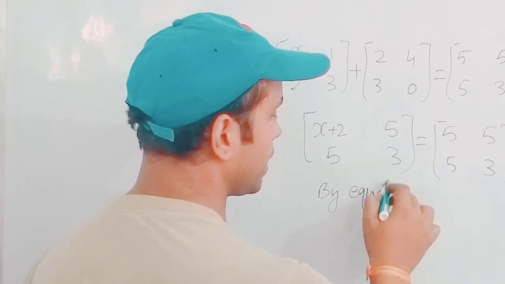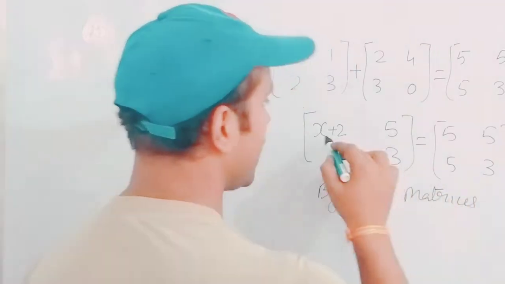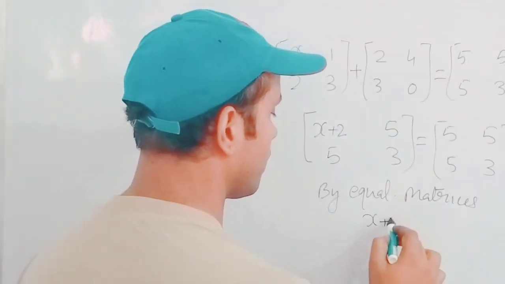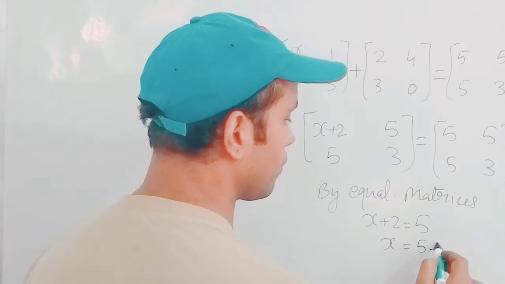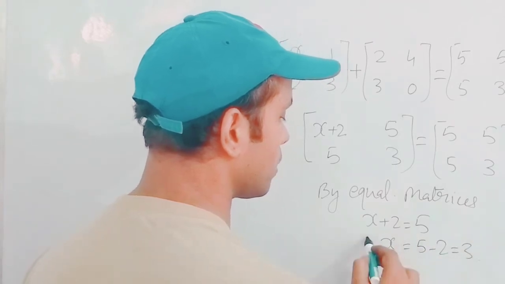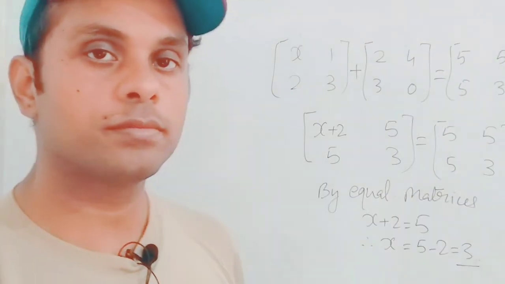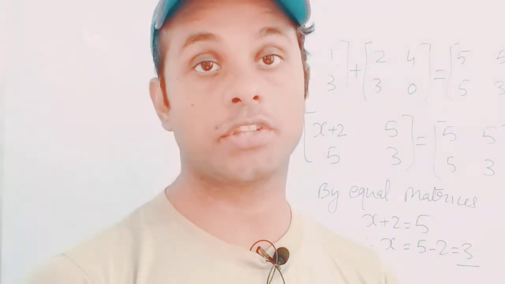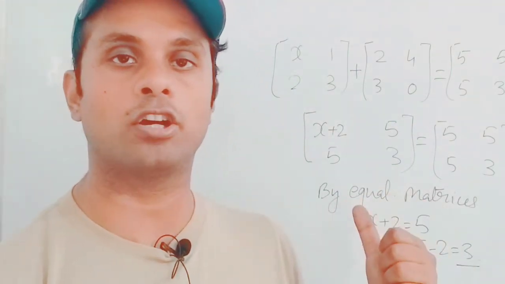By equal matrices, we can write x plus 2 equals 5, and so the value of x is 5 minus 2, which is 3. So you can solve this way, and there are so many questions in your exercise of this kind also.